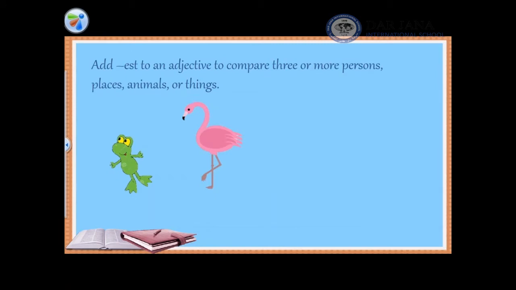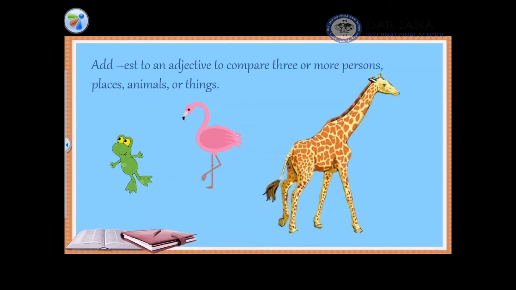We add EST to an adjective to compare three or more persons, places, animals, or things. I have here three animals, a frog, a bird, and a giraffe. The giraffe has the longest legs of the three animals.